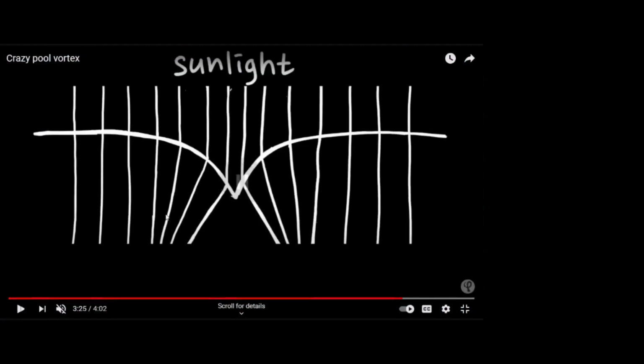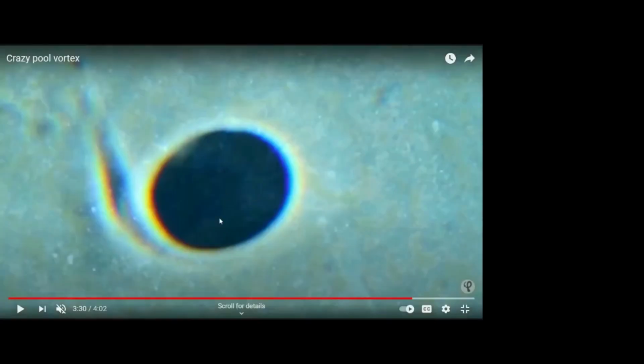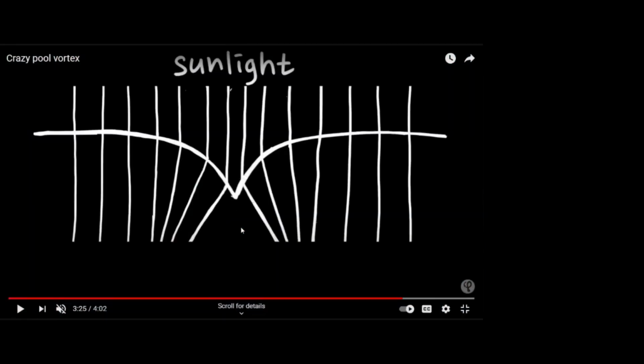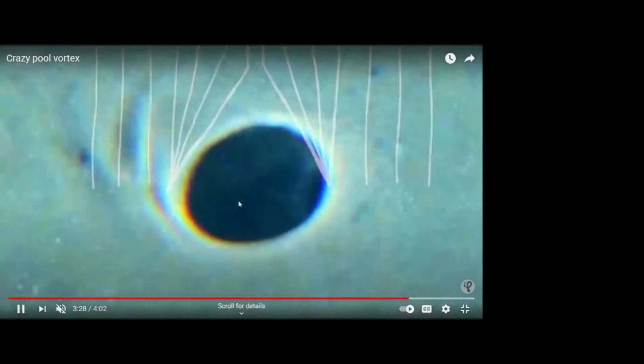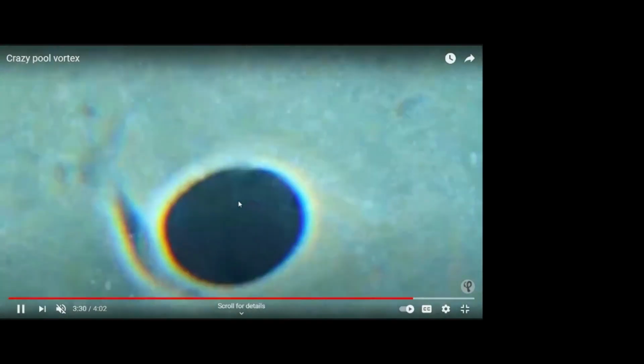This is how the rays are going. The vortices are formed, and those vortices deflect the sunlight so that in the center portion there is no light. So we are getting this dark region in the center. This technique is called shadowgraph.